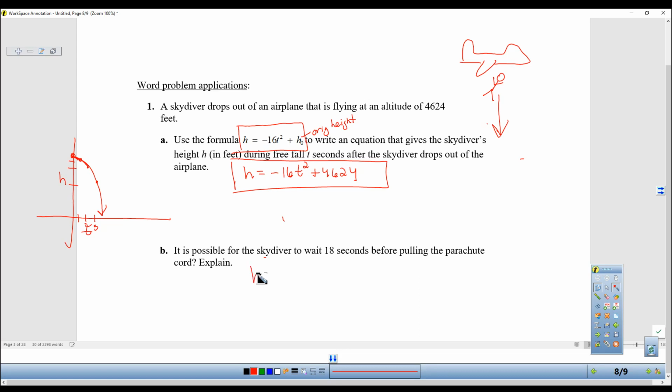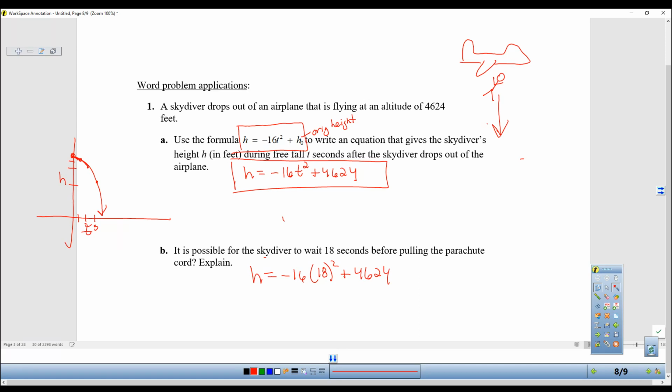Ooh, let's see what his height is going to be after 18 seconds. 16 times 18 squared plus 4,624. I would say get out, if you were in class, I'd be looking around and forcing you to get out your calculator to do this with me. But I know you're just sitting there in your bedroom waiting for me to do it. I'm doing all the work.